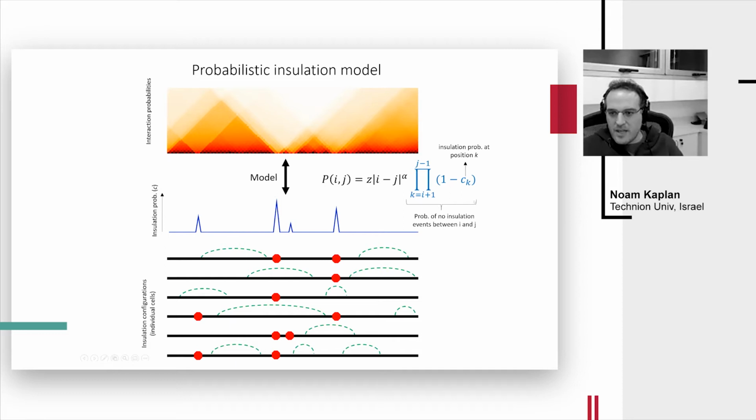It's basically just the probability of no insulation events between i and j. So this is the probability of insulation at some position k, and 1 minus this is the probability of not having an insulation there. Then you multiply these probabilities for all the ks between i and j. So for two loci to interact, you need no insulation in between. Again, this is a very simple model.